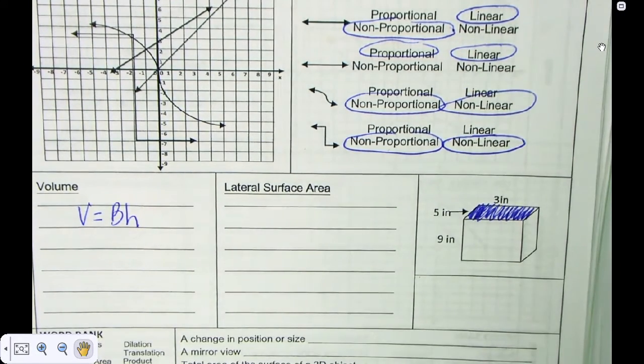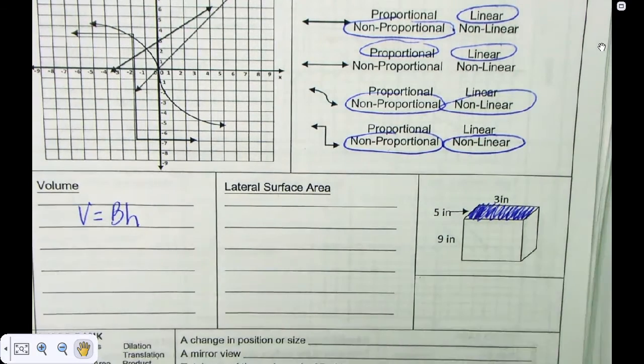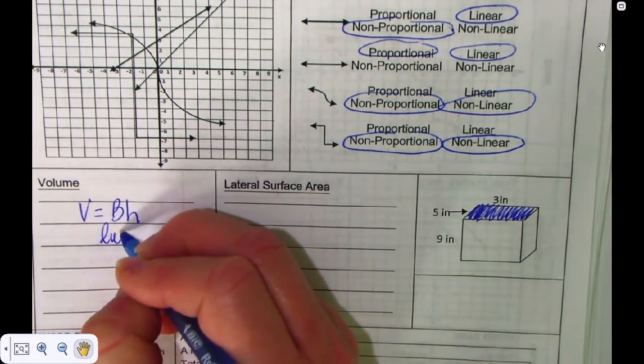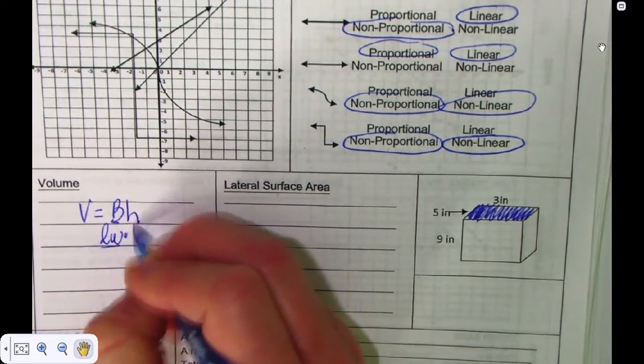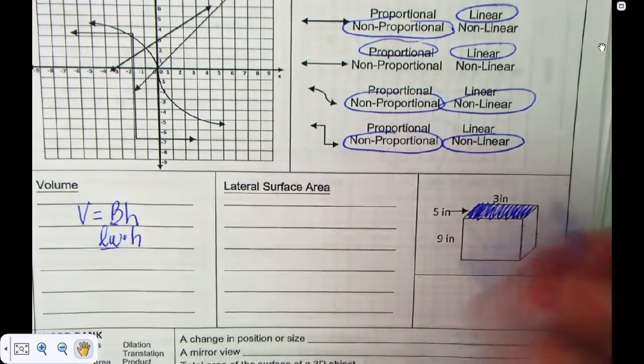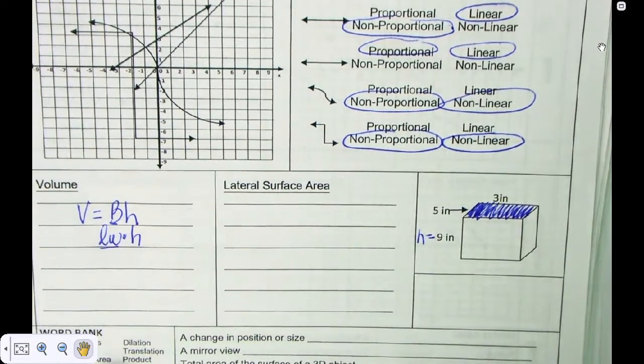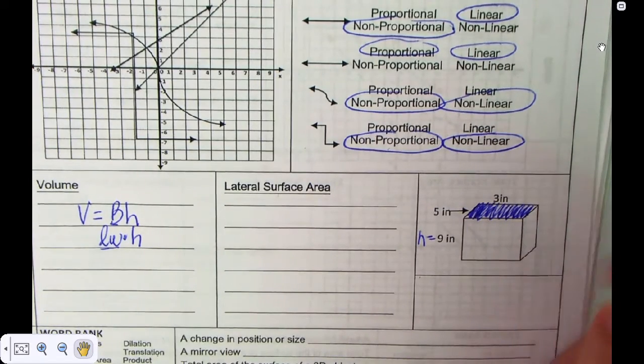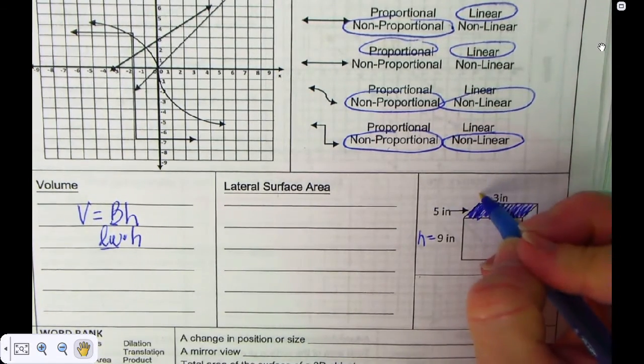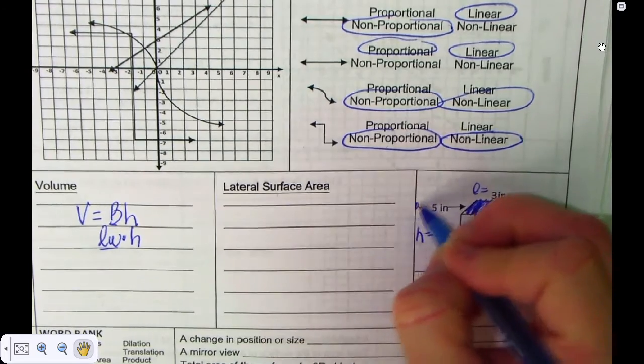How do we get area of a rectangle? Length times width or base times height. So I'm going to call it length times width. And then times the height. What's the height over here? Good. What's the length? Okay. And the width?